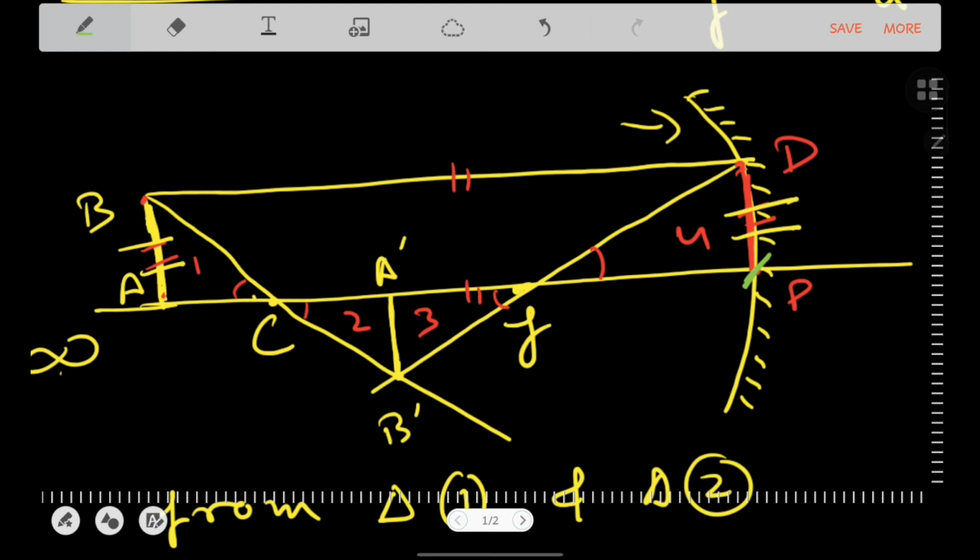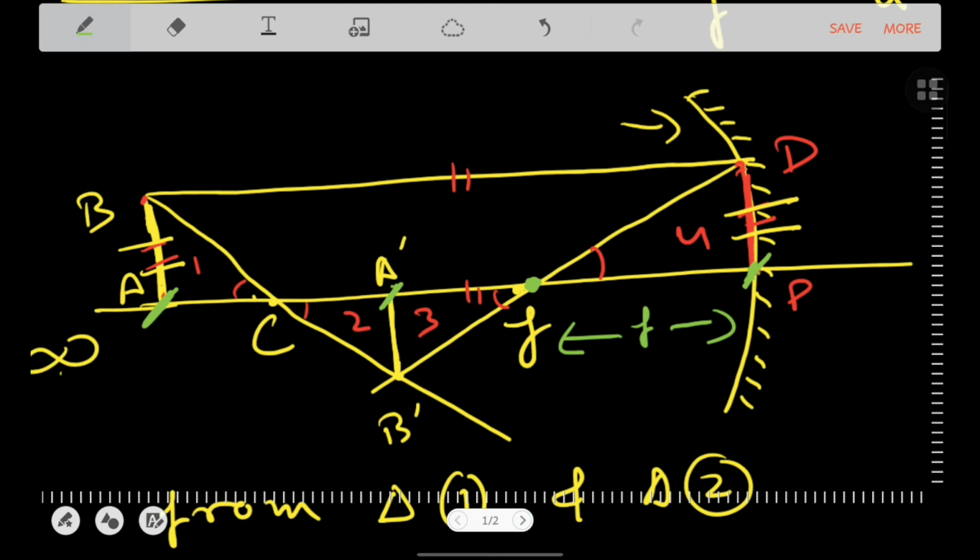That means P to F. PF, or we can say FP, anything you can say, is the focal length, the F. From P to A dash, because at A dash the image is forming, this is V for us. And from P to A, up to this point, you can get the U, the distance of the object from the mirror.